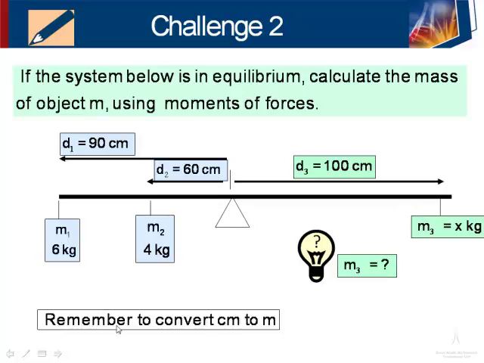Remember, first step, convert centimeters to meters. Remember, the sum of the anti-clockwise moments equals the clockwise moments on this side. We suggest you pause the DVD at this point and do the calculation.